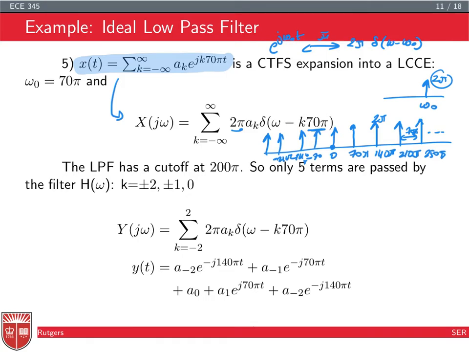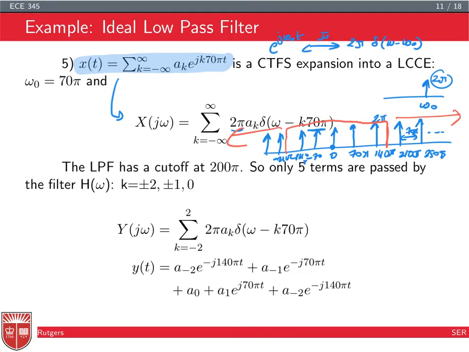Now, if I multiply this in the frequency domain by the low pass filter, then the low pass filter is between minus 200 and plus 200. So it's going to cut everything that is above 210.